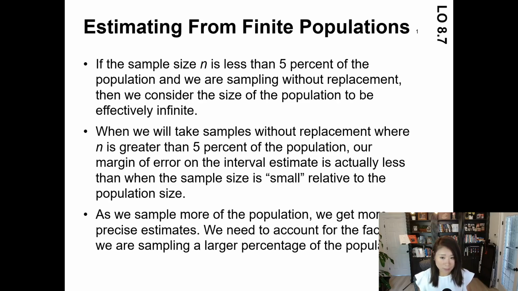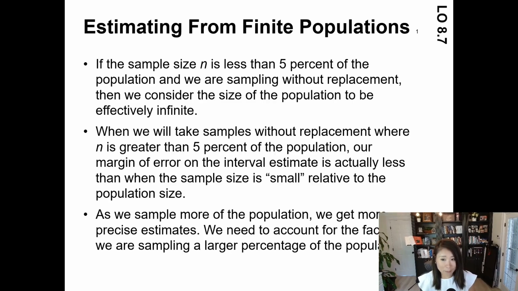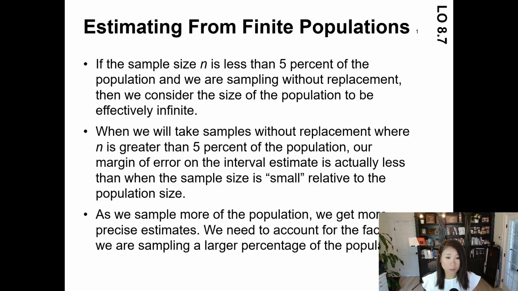Okay, so let's first look at when we are able to consider our population as finite or not. If the sample size n is less than 5% of the population, and we are sampling without replacement, then we consider the size of the population to be effectively infinite. So basically, when you have 1,000 as your population and you surveyed, let's say, 10.